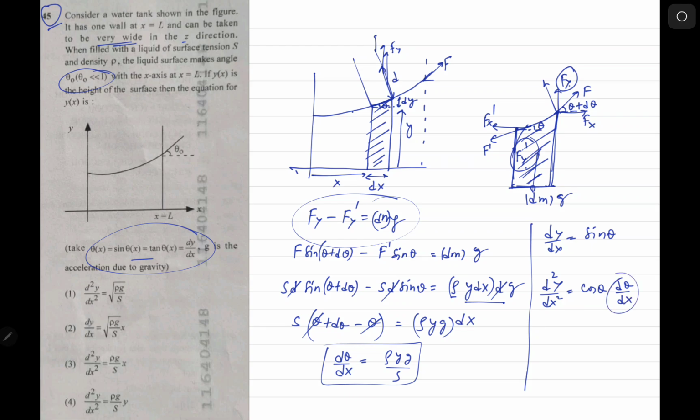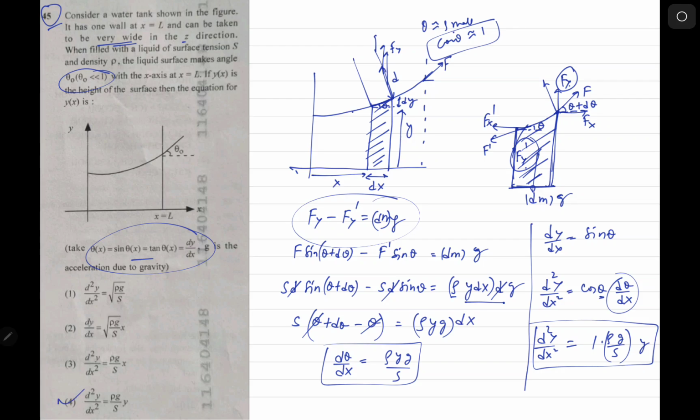Theta is small, so cos theta value is 1, and sine theta is already given as theta. So 1 into d theta by dx is rho g by s into y.